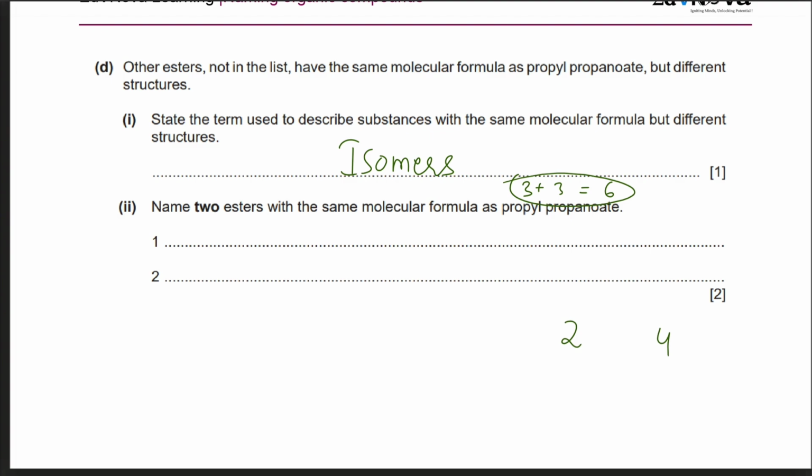Okay. Now I can simply write ethyl butanoate, which will have 2 plus 4, 6 carbons. Or I can say butyl ethanoate. That's it.